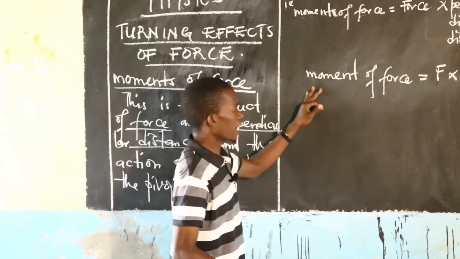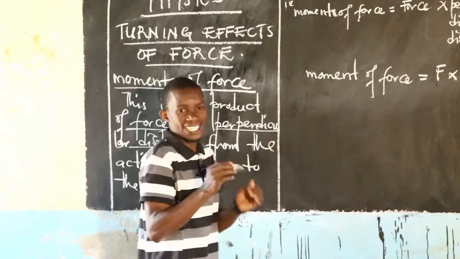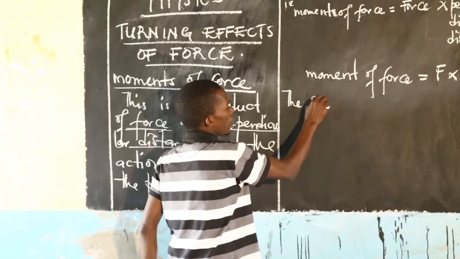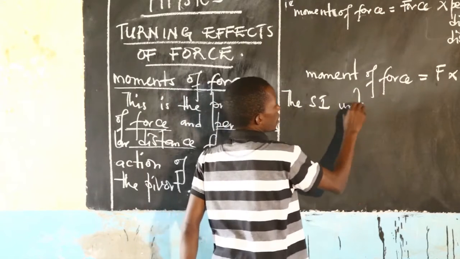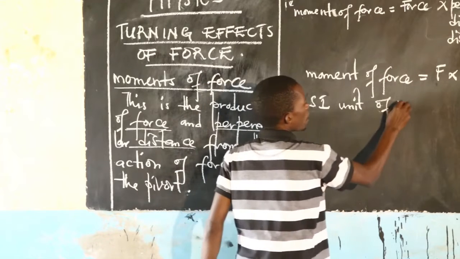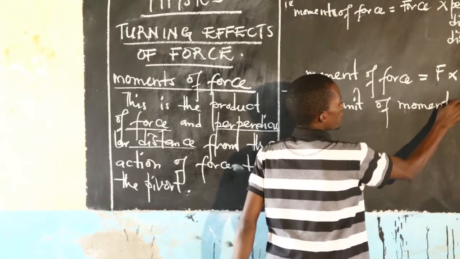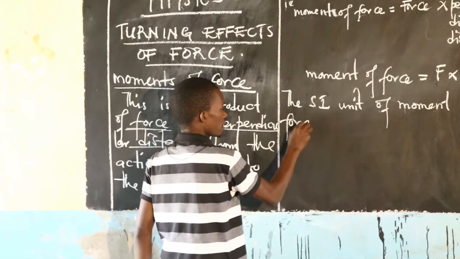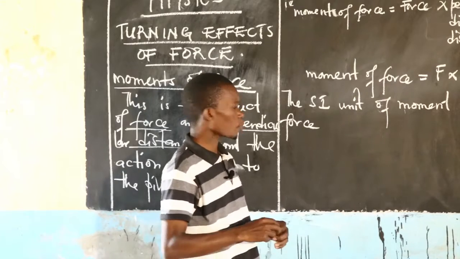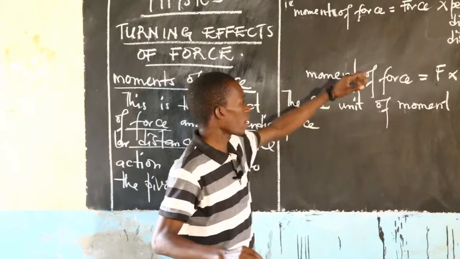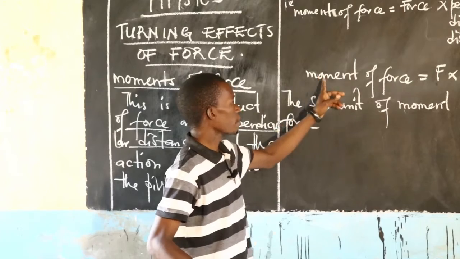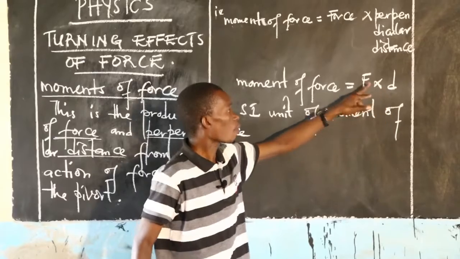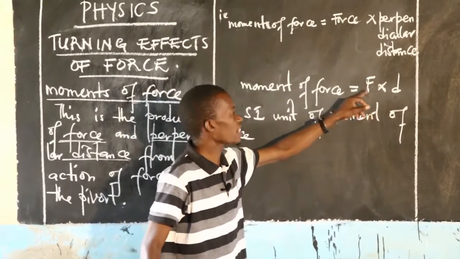And when we move ahead, we are going to talk about the SI unit of moments of force. Now, to get the SI unit of moment of force, look at the formula. Moment of force is equal to force times perpendicular distance. What is the SI unit of force? It is Newton.